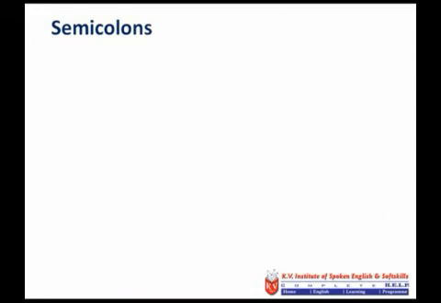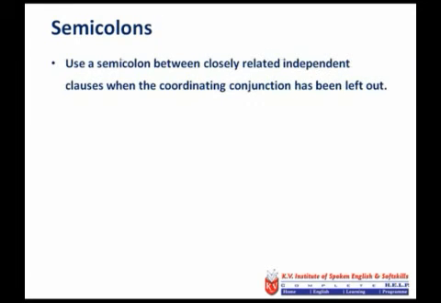Semicolons. A semicolon is a comma and a period kind of a combined punctuation mark which is used to indicate a major division in a sentence where a more distinct separation is felt between the clauses. You need to use a semicolon between closely related independent clauses when the coordinating conjunction has been left out. For instance, my mom prepared biryani; we eagerly enjoyed the meal.